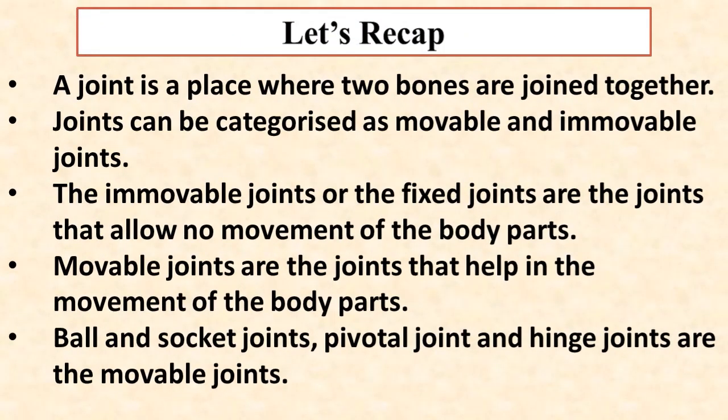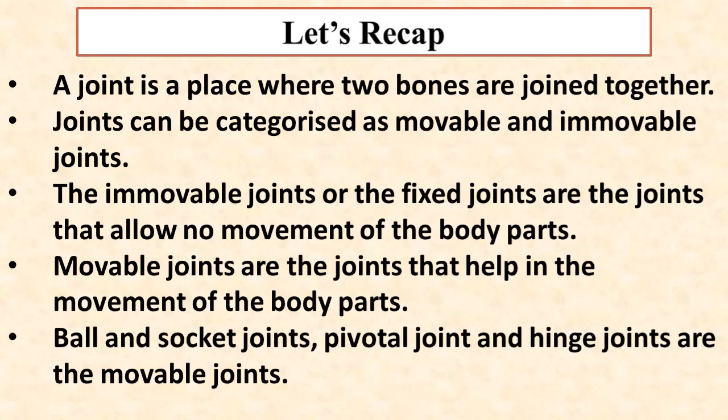We are now at the end of the session, so let's recap. A joint is a place where two bones are joined together. Joints can be categorized as movable and immovable joints.